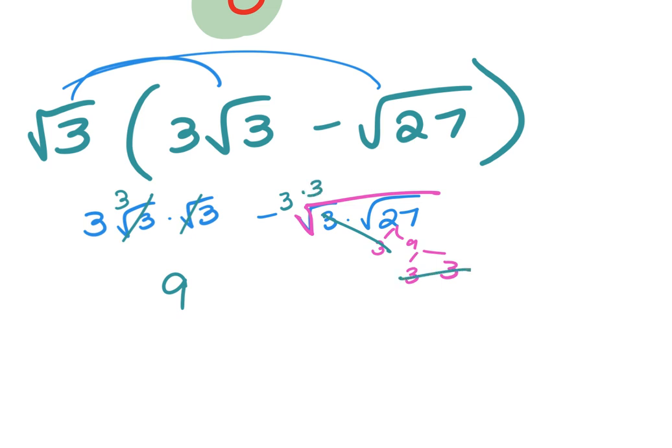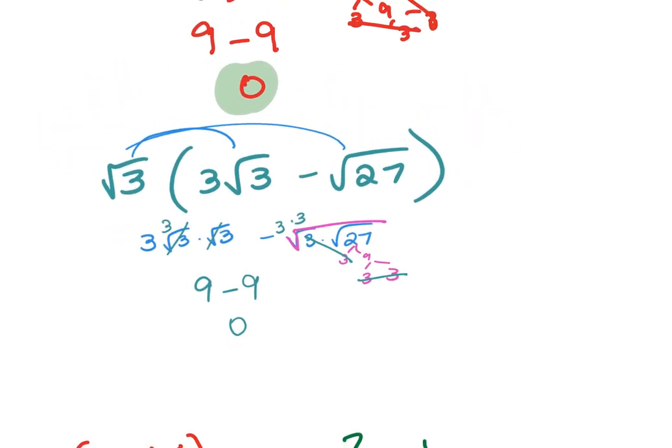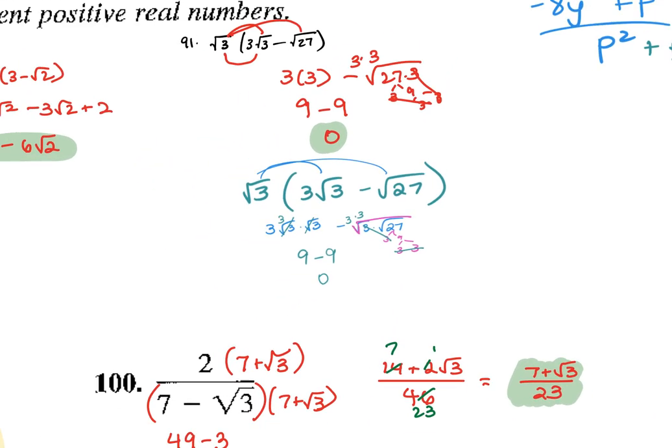And I get 9 minus 81, or sorry, minus 9, which is 0. If you had multiplied the 27 and the 3, you would have gotten the square root of 81, which is also 9. Sophia. Did you do 100 and 101?